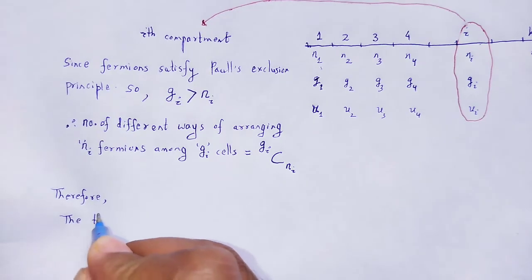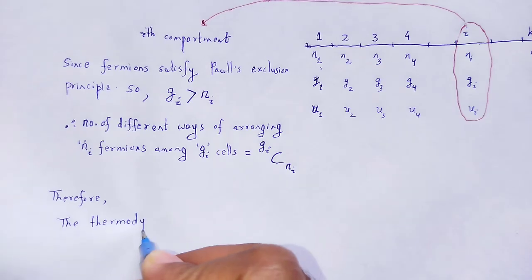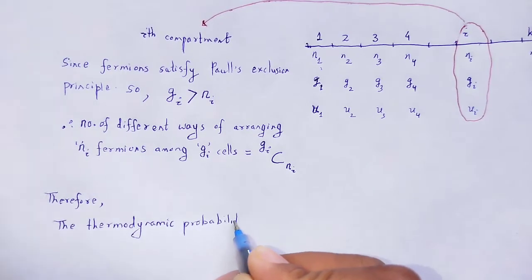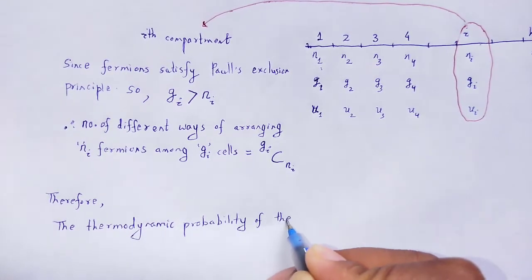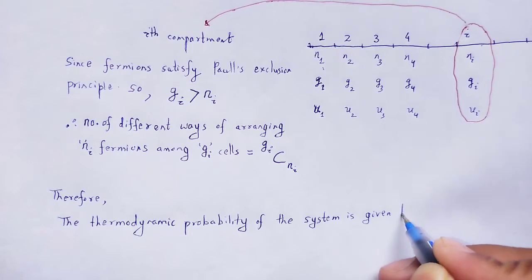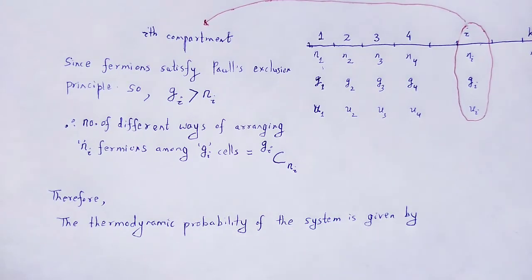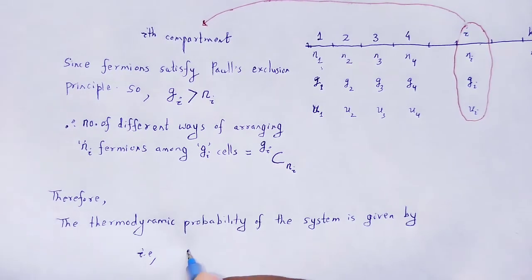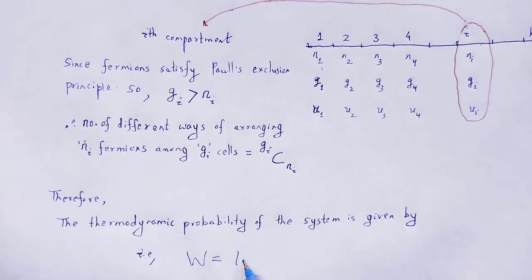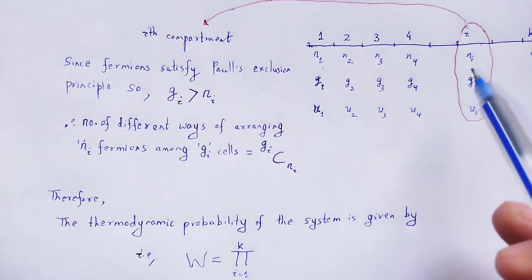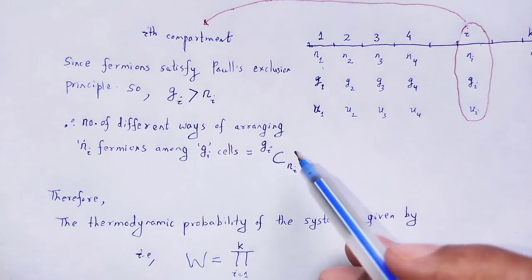The thermodynamic probability of the system is given by the number of microstates, that is W equal to the product over i from 1 to k, where for the ith compartment the number of different arrangements is Gi combination Ni.